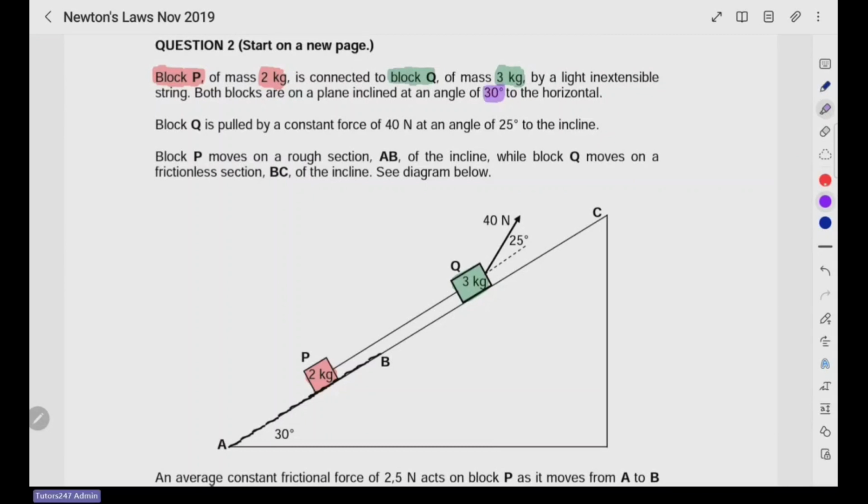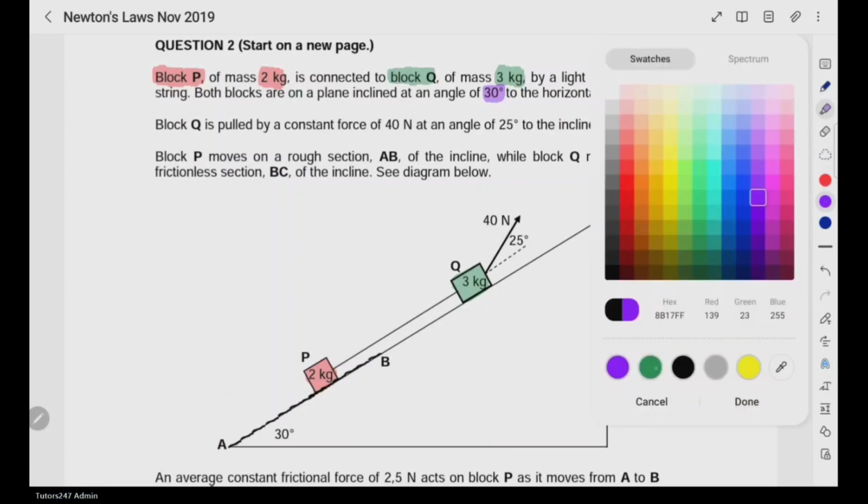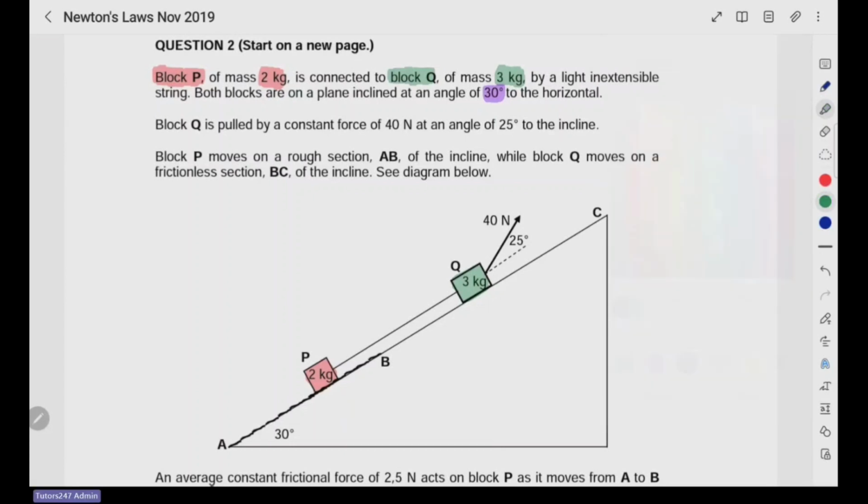Block Q is pulled by a constant force of 40 newtons. So this is the applied force on block Q at an angle of 25 degrees. So be careful, don't mix up the two angles. Block P moves on a rough section.